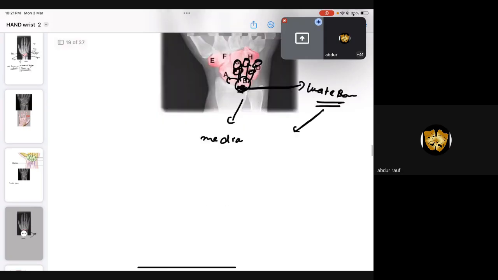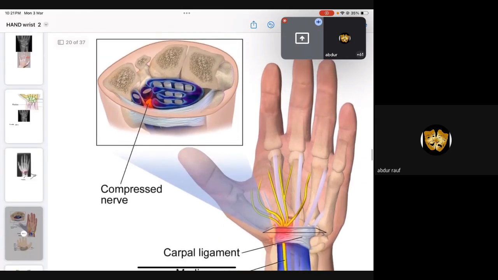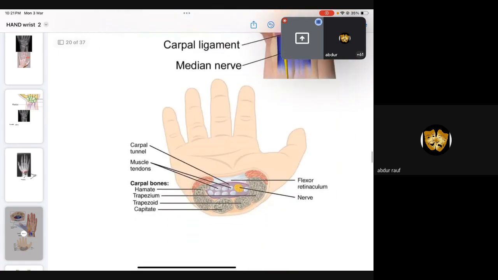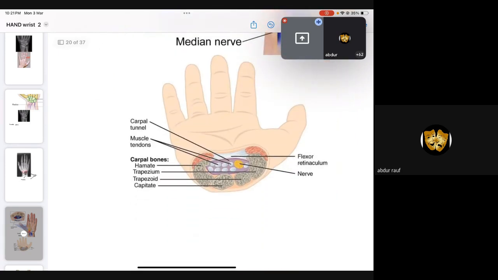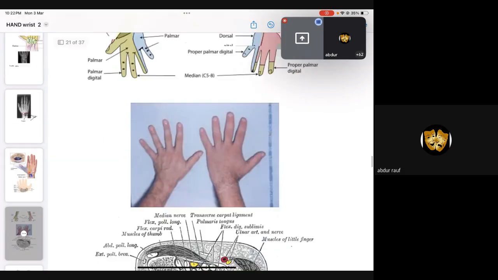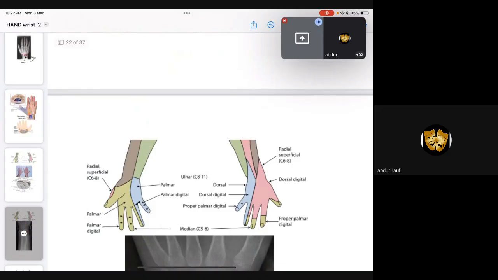Here you can see the compressed nerve due to lunate dislocation. Whenever the median nerve is compromised, you already know which muscles are going to be non-functioning. We discussed the thenar muscles, the sensory supply, and everything. Is that clear? So let's discuss our next topic, carpal tunnel syndrome. Can anyone tell me what carpal tunnel syndrome is?